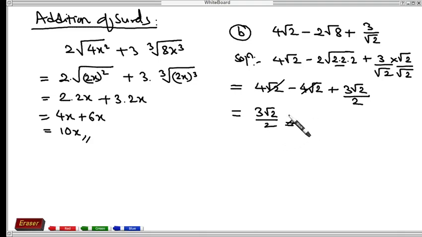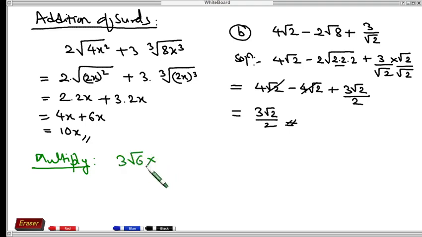In general, we put the answer where the denominator is in rational form. This is the simplification, dear students. And now the next part is about multiplication of surds. Suppose 3 root 6 times 2 root 5.